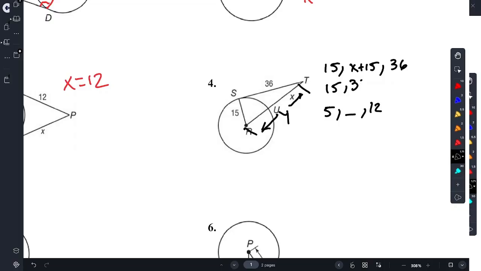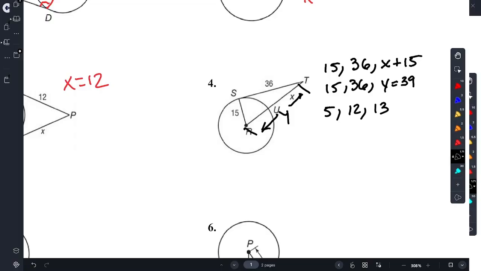So, yeah, he's right. The 36 is here, right? Oh. Wow, nobody said anything. 36, x plus 15, right? And I don't want to deal with that, so I'm just going to call that y. Do you see what that does for me now? That becomes a 5, 12 what? 13 dilated by 3, so that's 39.